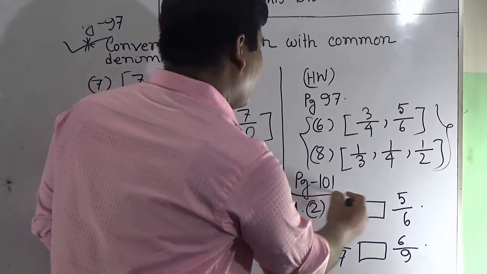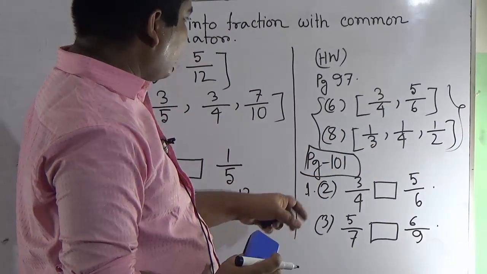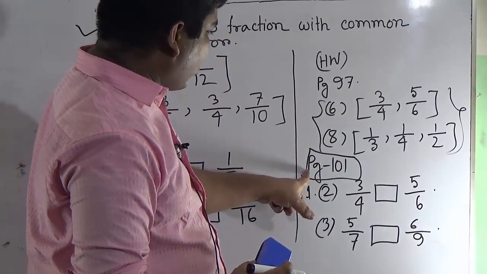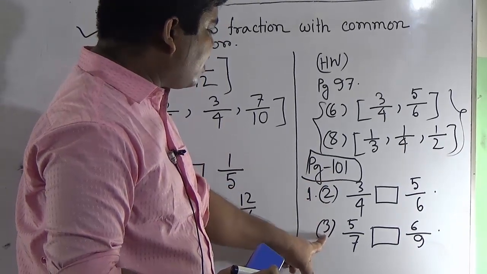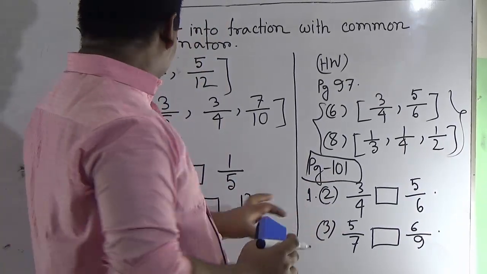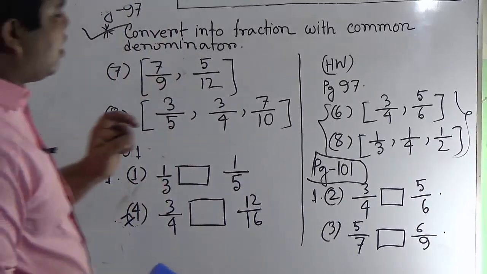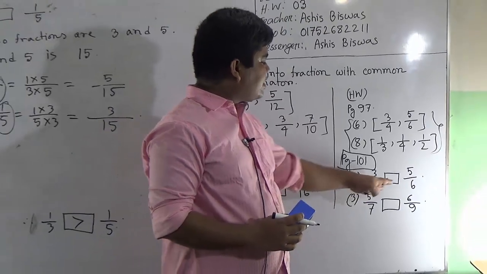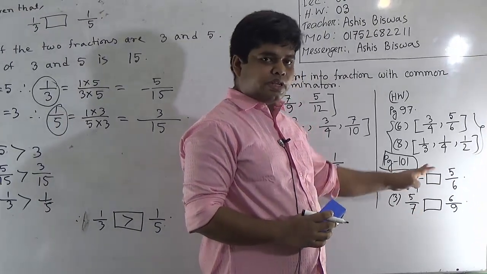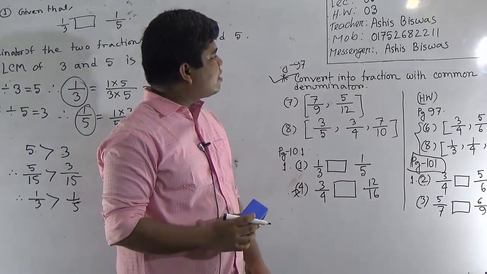And page number 101, that means in the exercise, question number 1, 2 and 3 will be your SW. So first of all, just like this one, you shall solve number 2 and number 3. After that you take a decision which number is greater, which number is less, or which number is equal. And this is our today's lecture.